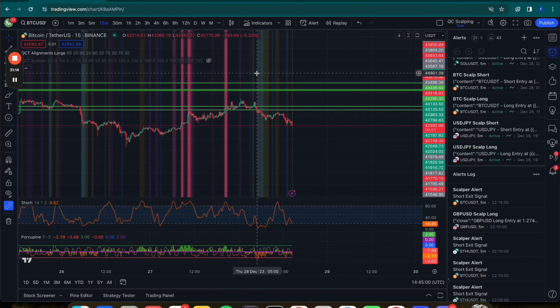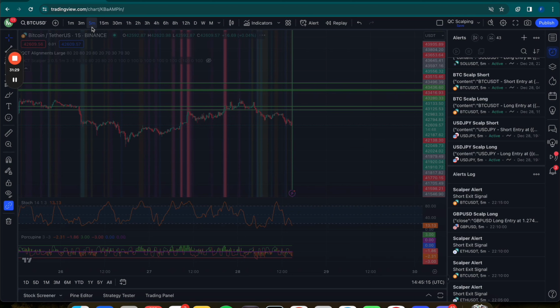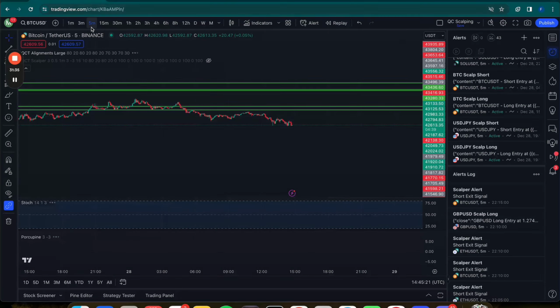So here's the beauty of it, right? We just talked about stochastics, and different time frames are different perspectives on the stochastics. Then we added on the porcupine, and actually the porcupine has slightly different data on different time frames. So we can use those as confirmations as well, on lower time frames and on higher time frames.